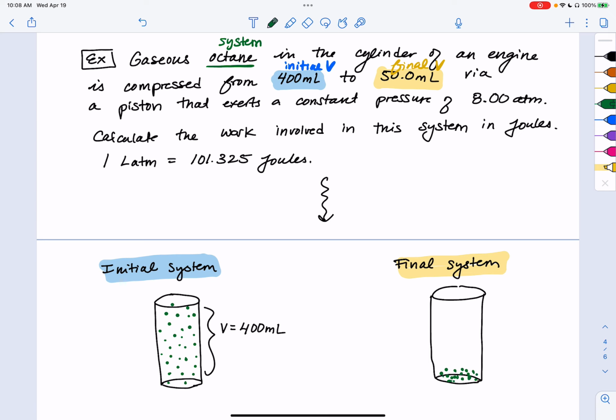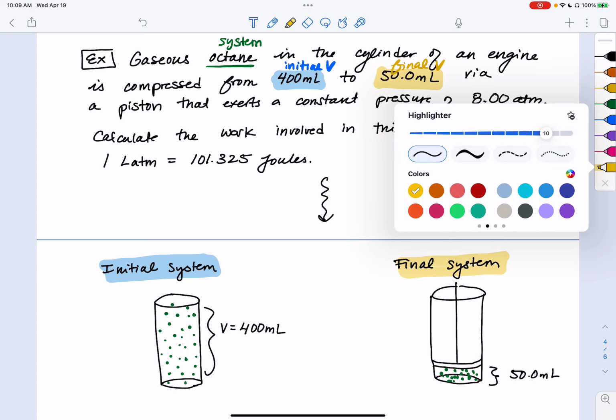And how is it that we were able to compress it? How is it that the new volume of my system is 50.0 milliliters? I was told that this compression was able to happen because a piston was utilized to compress our gas, which is literally what you see when you have a syringe that you're trying to depress.